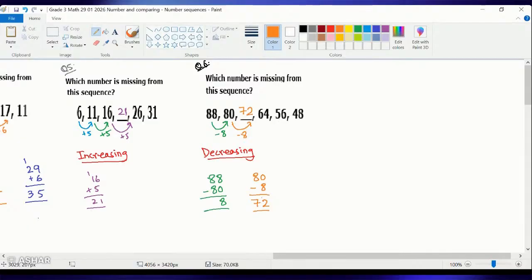Do we agree? Yes. This is a decreasing sequence in which each number has been reduced by 8.